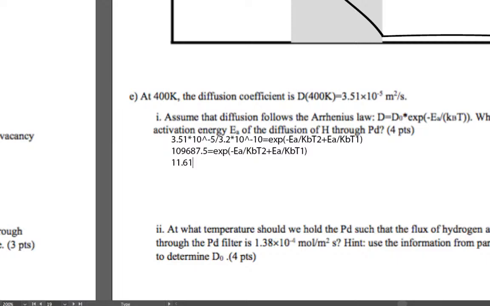That's equal to minus EA over kB, times 1 over T1, which in this case is 300, subtracted by 1 over 400. And so you can take the answer divided by that 1 over 300 subtracted by 1 over 400.